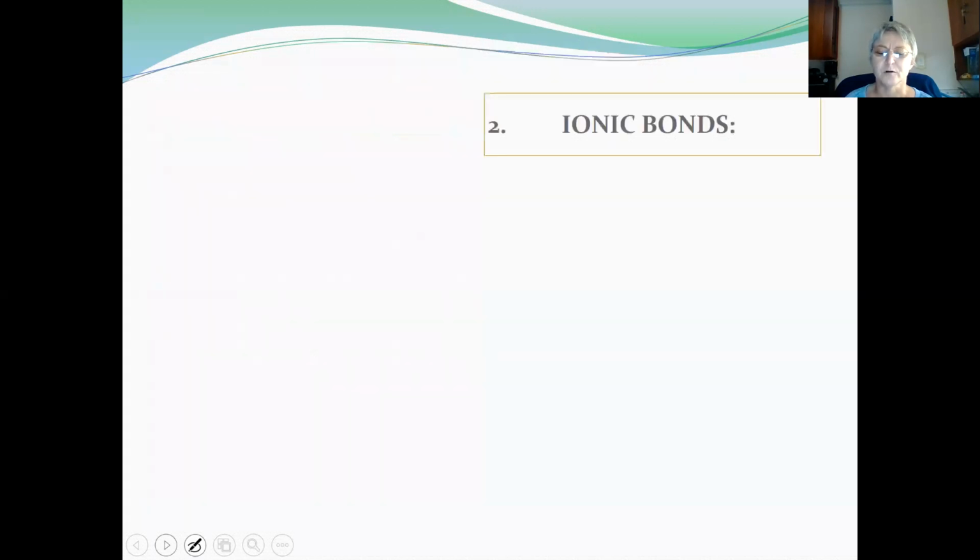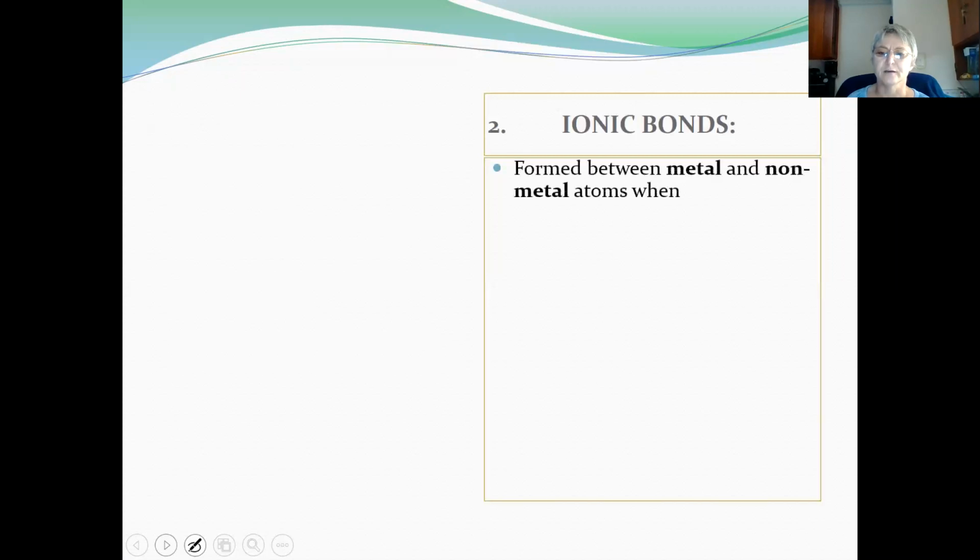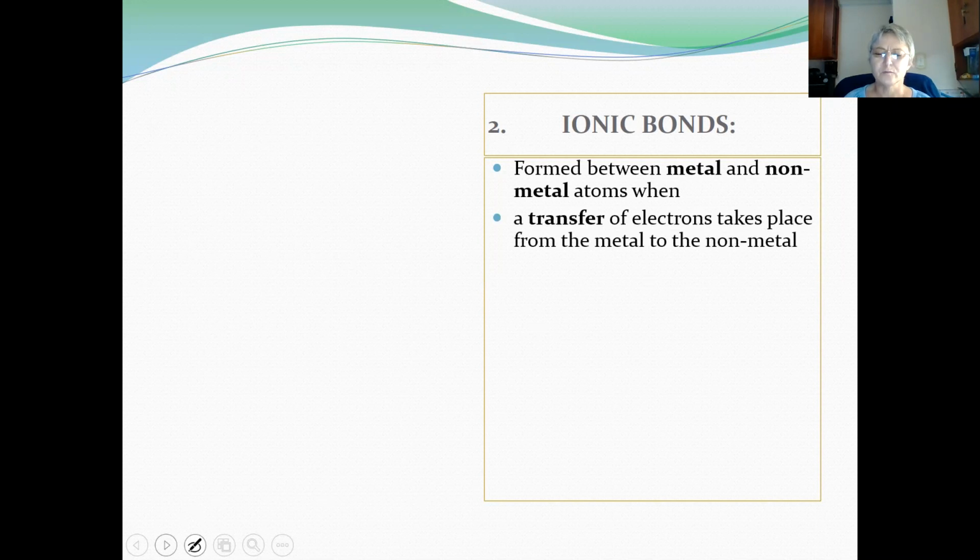Right, the second type of chemical bond we get is the ionic bond. During the formation of the ionic bond, you have metal atoms joining up to non-metal atoms. Because metal atoms are electropositive and non-metal atoms are electronegative, there's a transfer of electrons from the metal to the non-metal.